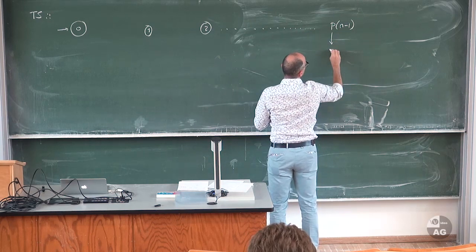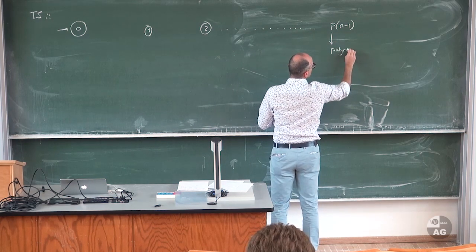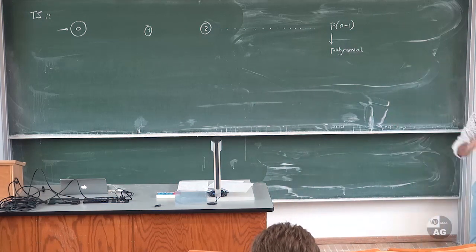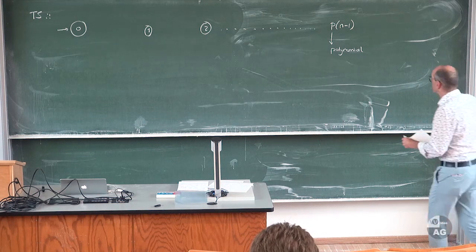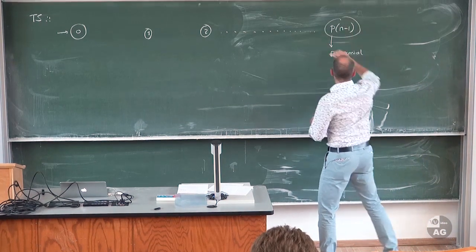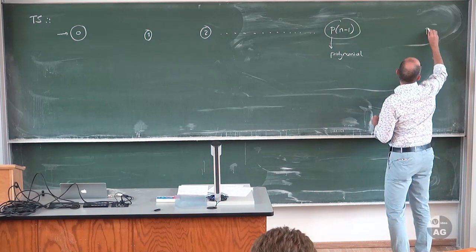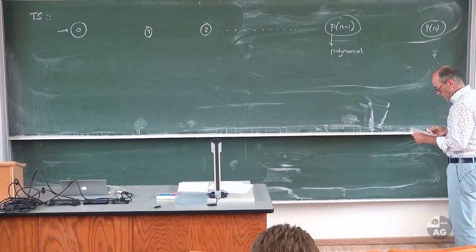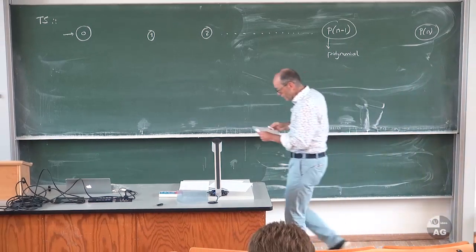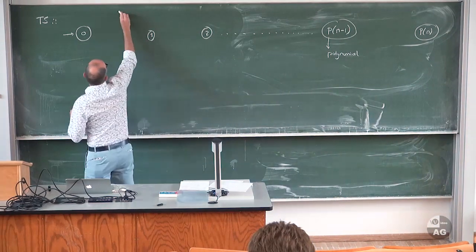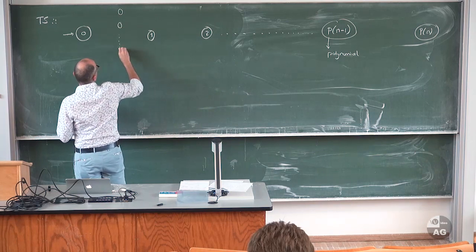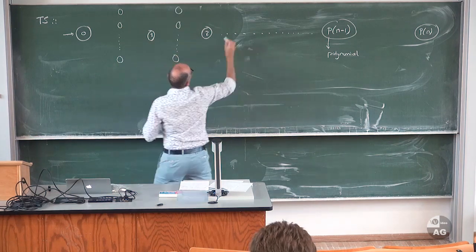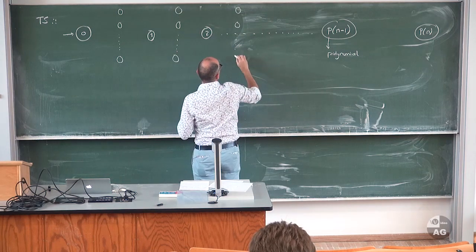What is P? P was this polynomial. Remember, I can use polynomially many tape cells, and this is my polynomial P, and this is also a state. And here I end something of the form P(n), and this is also a state. Then there are all states in between.